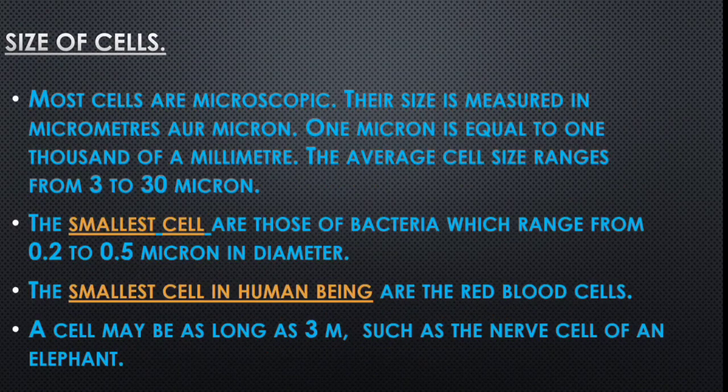The smallest cell in human beings are the red blood cells. A cell may be as long as 3 meters, such as the nerve cell of an elephant. So a cell can be as small as a bacterial cell, 0.2 to 0.5 micron, or as long as 3 meters. Who has a 3 meter cell? Elephant. Nerve cell of elephant.